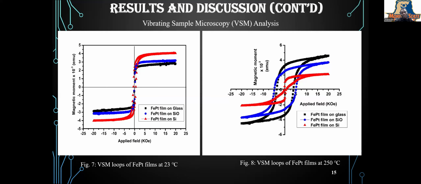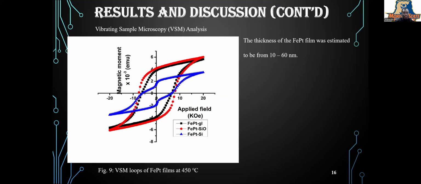However, when we increase the temperature to 250 degrees Celsius, the film on silicon substrate exhibits different features compared to glass and oxidized silicon substrate. That is, the occurrence of double switching phenomenon starts to emanate from this spectrum here, the red spectrum, which is very prominent when we increase the temperature to 450 degrees Celsius.